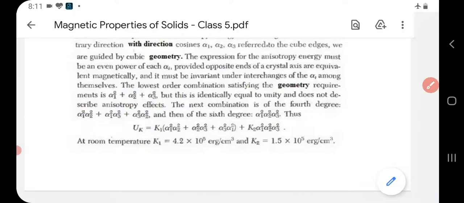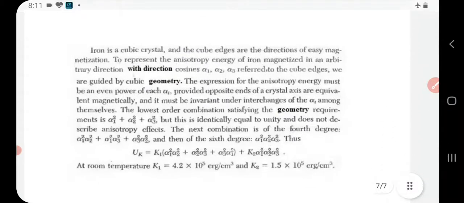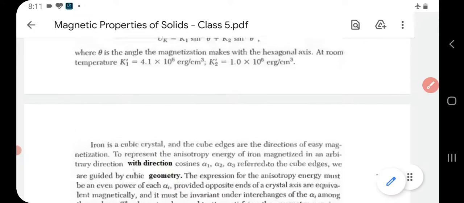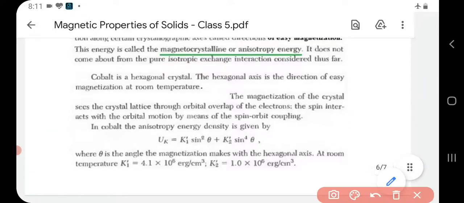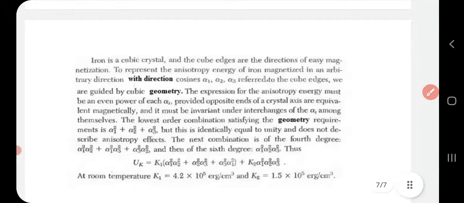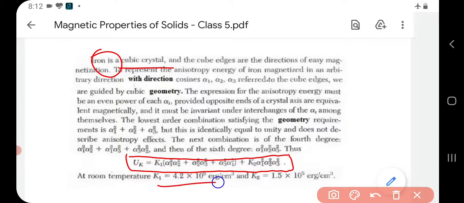Now the value of K1 and K2 is this one in the case of a cubic crystal. So this is the expression for anisotropy energy in the case of a hexagonal crystal. Then write these two values. In the case of a cubic crystal like iron, the expression for anisotropy energy is this one with K values, K1 and K2.